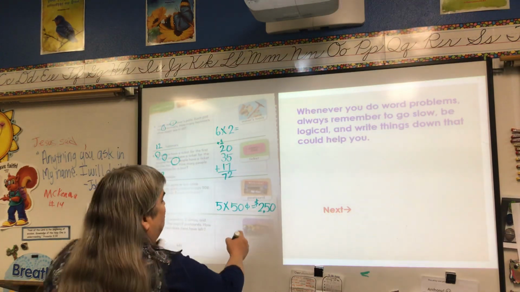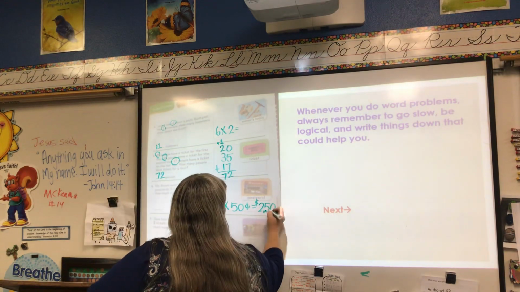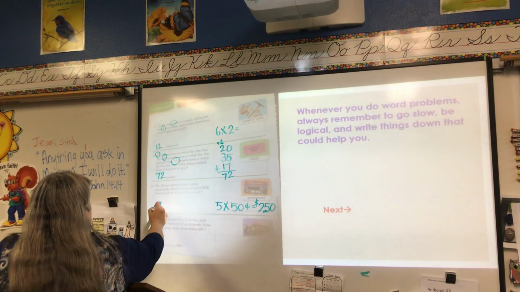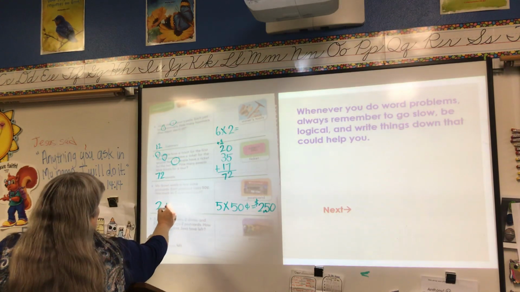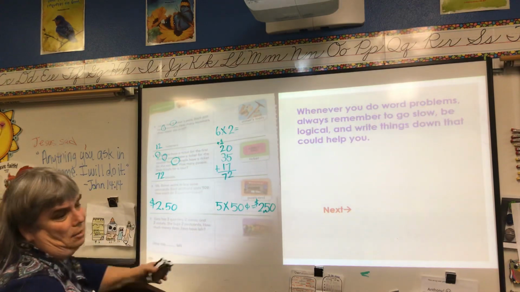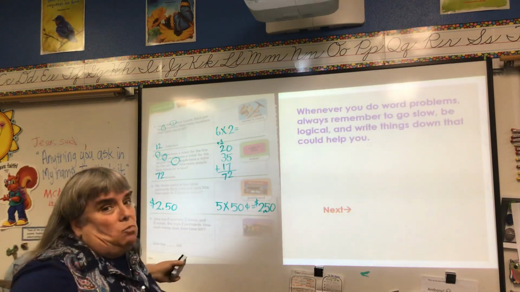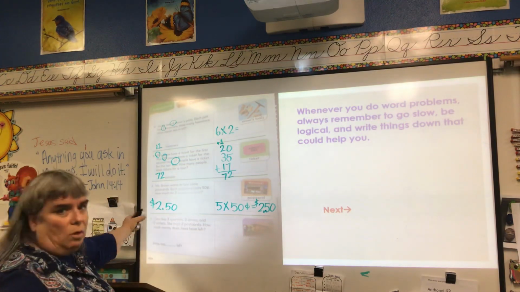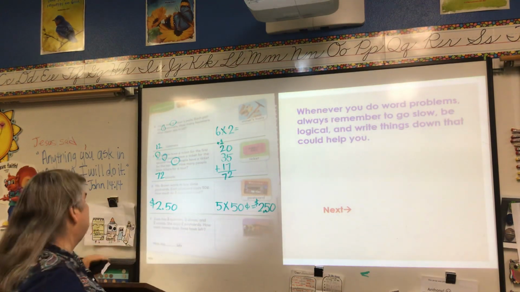So 250 pennies is $2.50. So then I'm going to put that answer right here. We usually don't write 250 pennies. You can if you want. It's not going to be wrong. But usually we make 250 into dollars and cents.